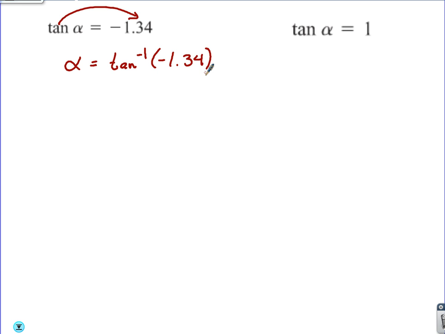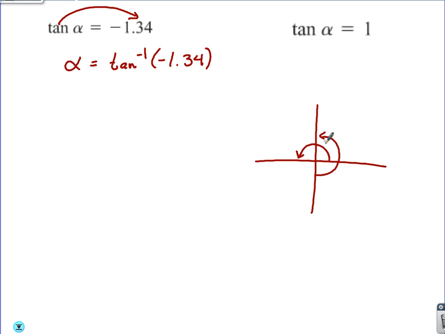And here's something else. Since we're dealing with tangent, our period changes. The period for tangent is only 0 to 180. So we only have to worry about answers in the first two quadrants. Your calculator is going to give you answers between negative 90 and positive 90, which is also a whole period. That's 180 degrees. That's fine as well.